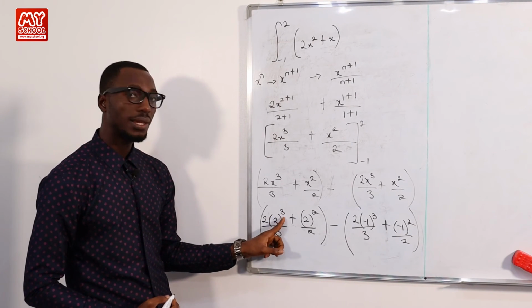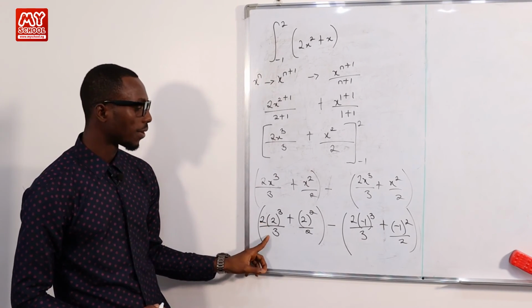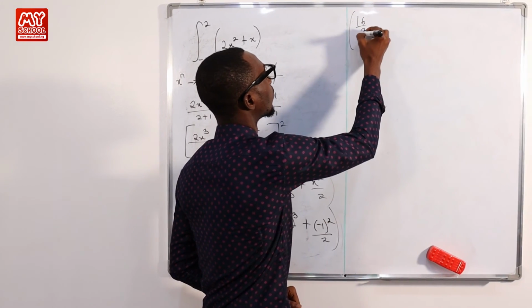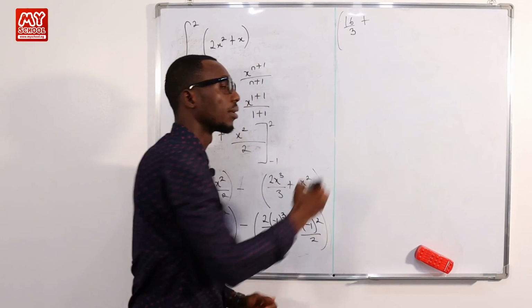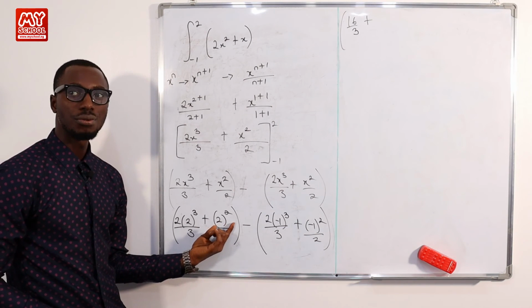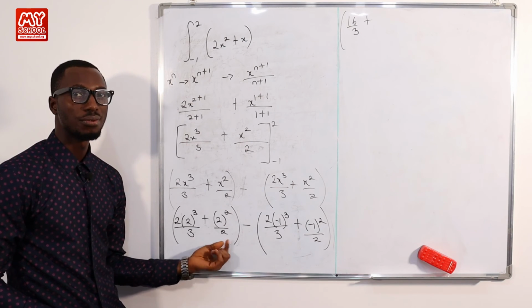2 raised to power 3 is 8 times 2, 16 over 3, plus 2 raised to power 2 is 4 divided by 2, that's 2.